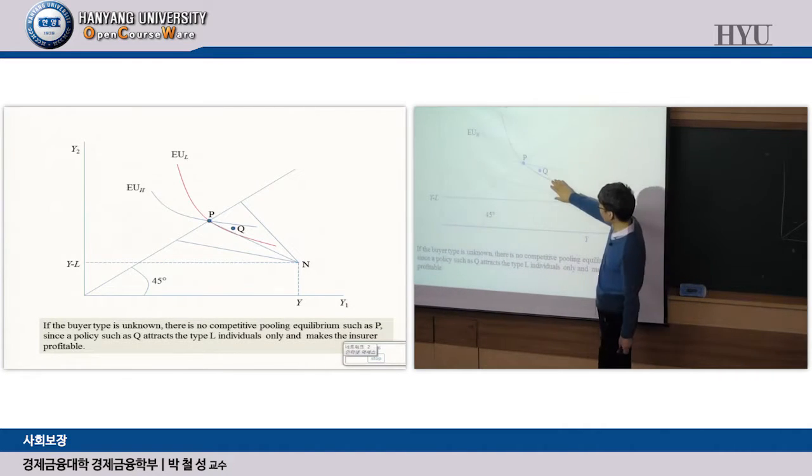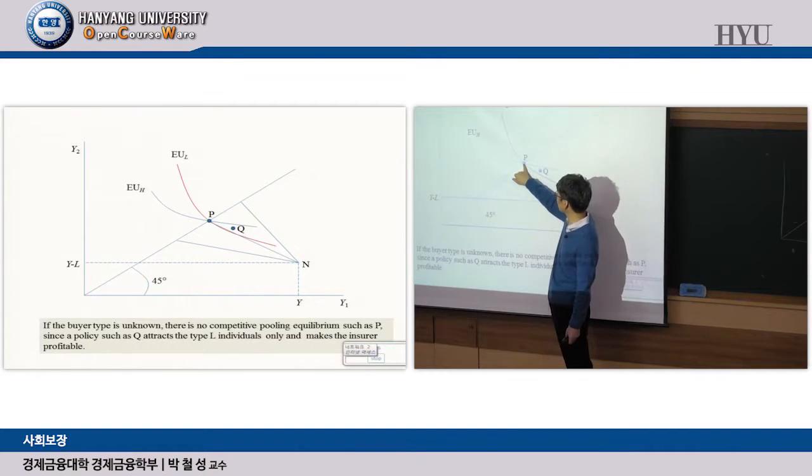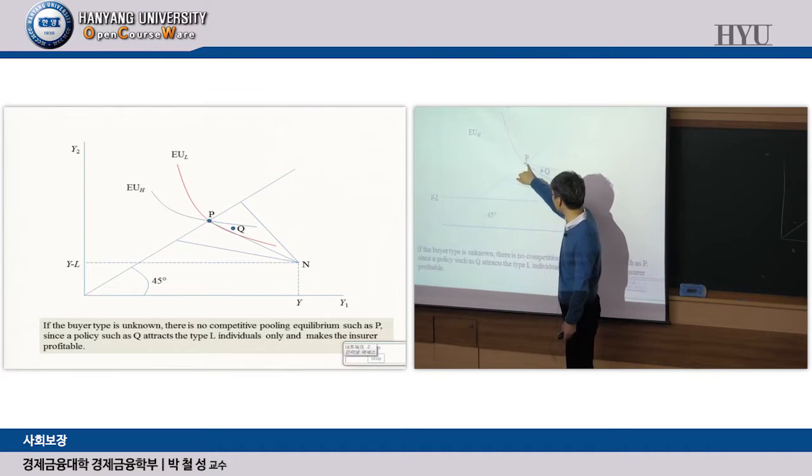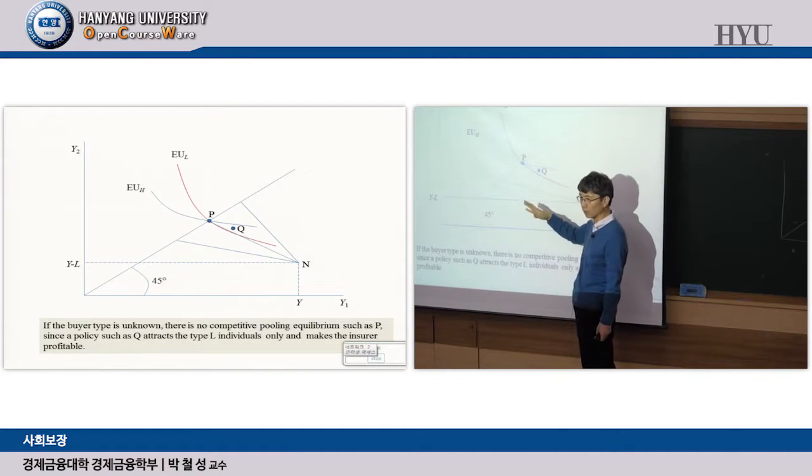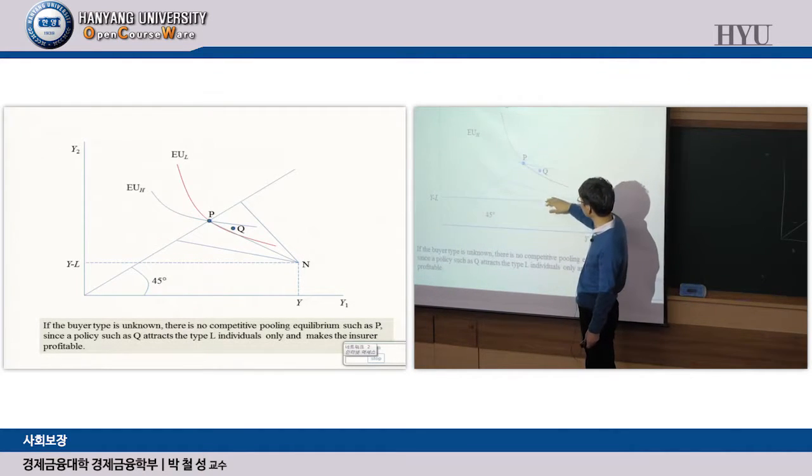Now, what happens in this diagram is, assume that there is an insurance company that sells insurance plan P. What is P? P is actually based on the probability of everyone. Because it's a mix of high risk and low risk, the probability of accident will be somewhere between low risk and high risk.